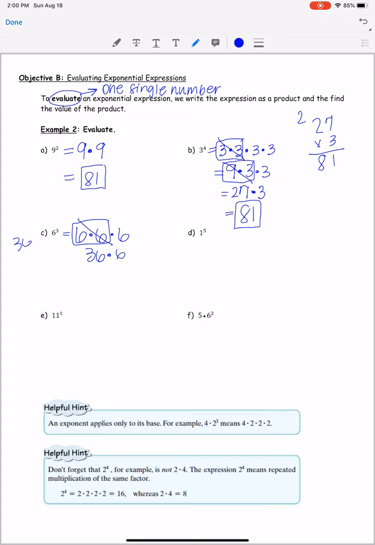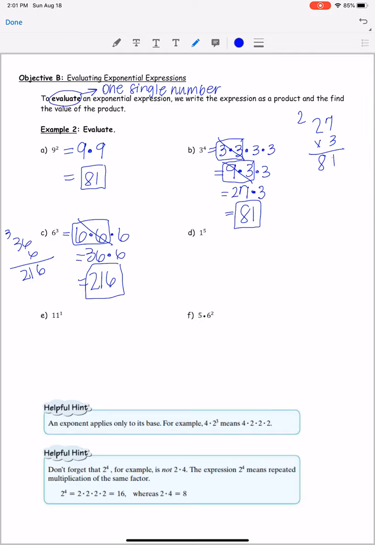So then 36 times 6. 6 times 6, 36. So your 6 comes down. Carry your 3. 3 times 6 is 18, plus 1, 2, 3 is going to be 21. So my final answer here is 216.